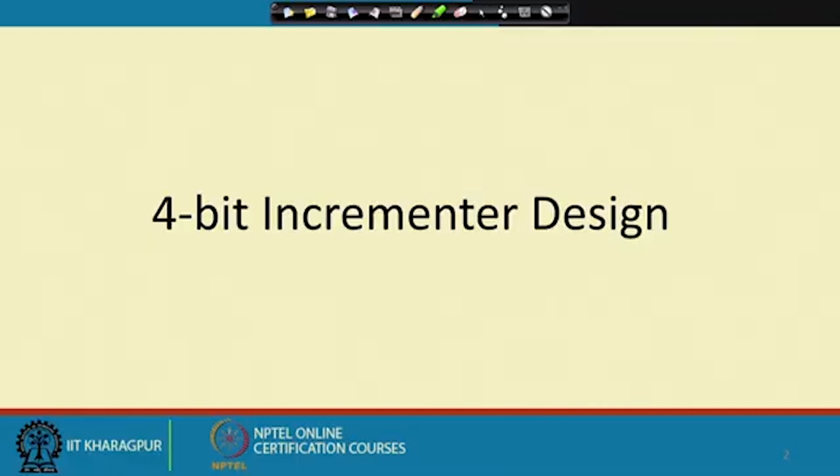So, the first is, suppose I need to design one 4-bit incrementer. A 4-bit incrementer means increment by 1. Let us consider first increment by 1. That means I need a circuit which, whenever I put in a number, gives me just plus 1.